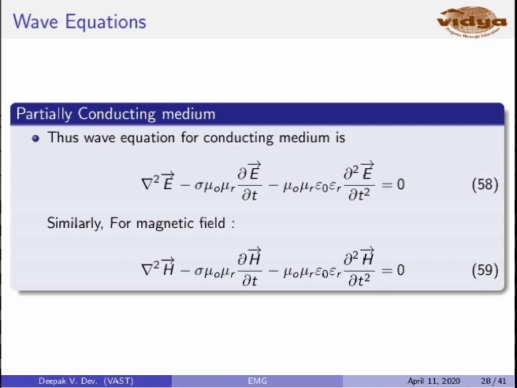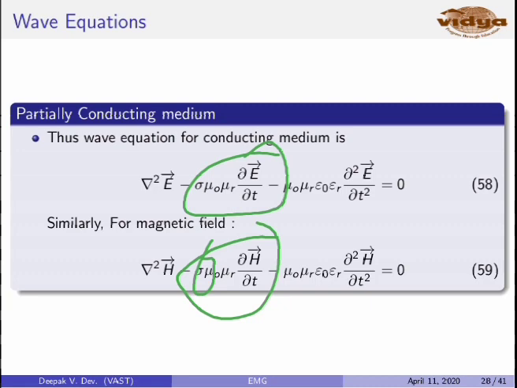So what is the difference of this equation from that of a dielectric material? There is an extra term. What is that extra term? This one is the extra term in the partially conducting medium. The reason for having this term is the presence of sigma or J. Sigma represents the conductivity of the medium.